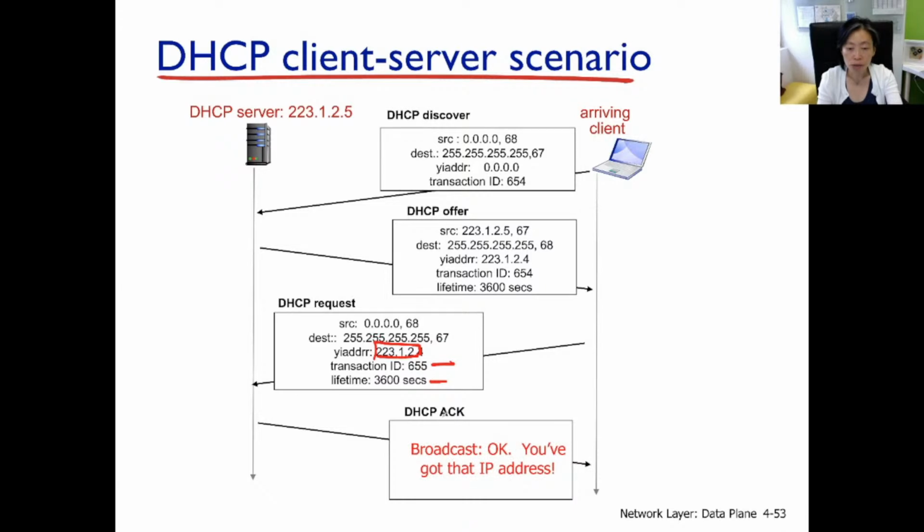In return, the server sends back an ACK, which is simply saying, okay, you got it. Therefore, you got the IP address for this long. And this again corresponds to this, not to be confused with other clients requesting other IP addresses. So this is the exchange of the four-way messages in the DHCP service.